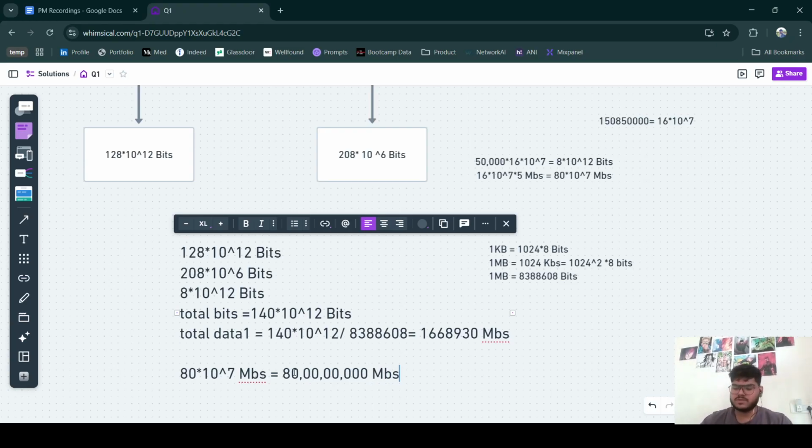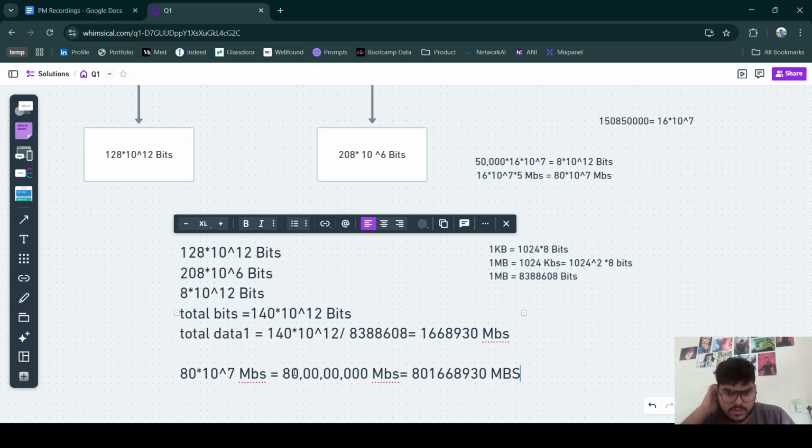So adding this much to it comes around 801,668,930 MBs.